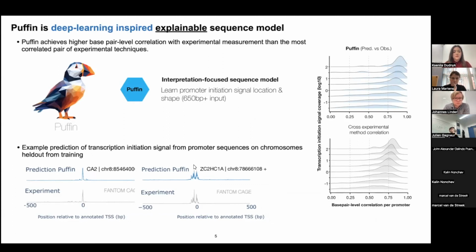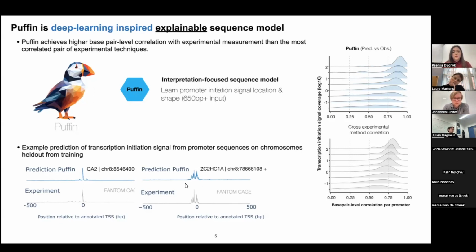Puffin is really good at predicting the shape of the signal because the shape of the signal is encoded in the promoter sequences. However, the magnitude of the signal also depends on distant regulatory elements, and Puffin doesn't use the distant sequences. So it's really good at predicting the shape, but it doesn't always perfectly predict the magnitude.